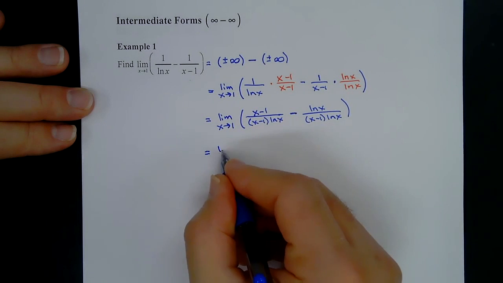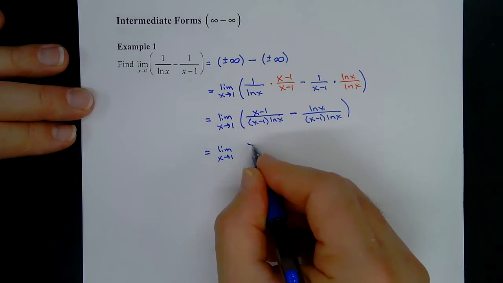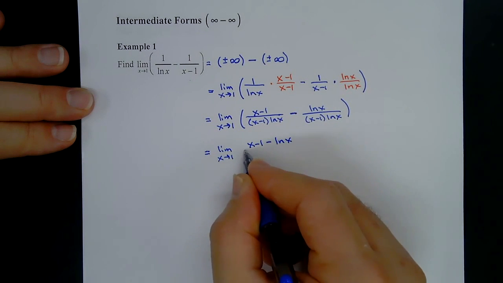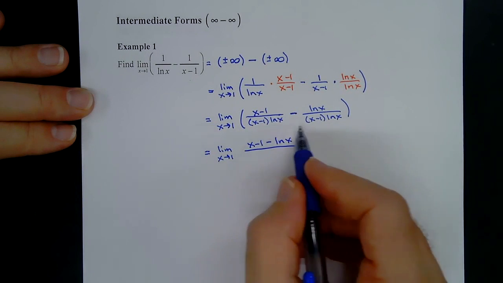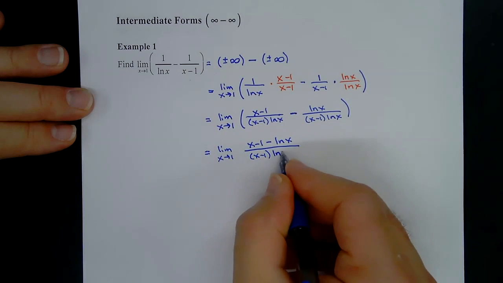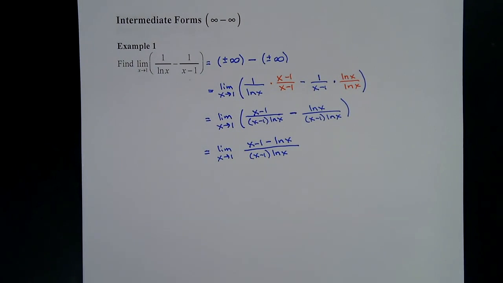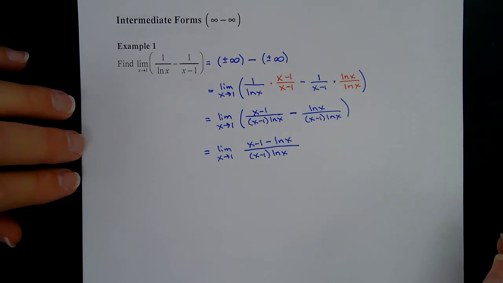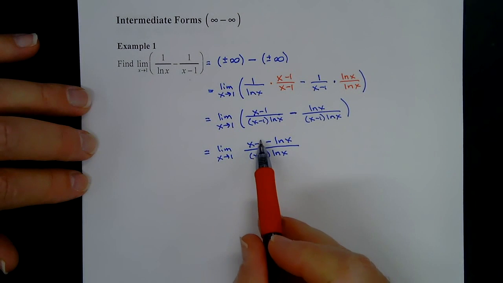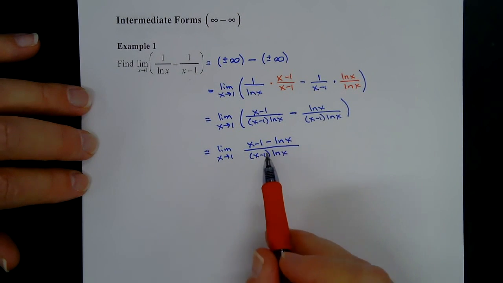So this would be the limit as x approaches 1 of x minus 1 minus ln of x over x minus 1 ln of x. Okay, so now, if we try to plug 1 in here, we're going to get 1 minus 1, which is 0, minus ln of 1, which would be 0.